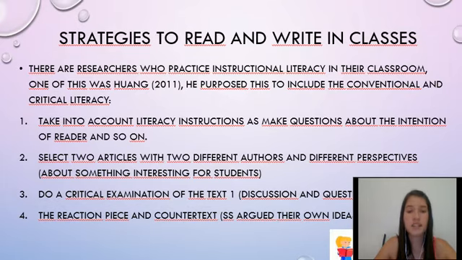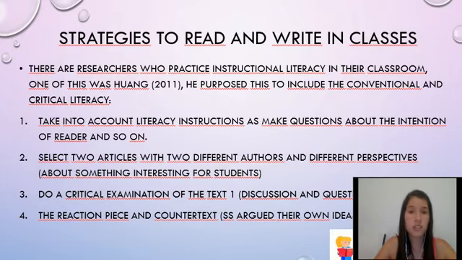And the second, he selects two articles with two different authors and different perspectives about something interesting to the students. Then he did a critical examination of text one, the article one.